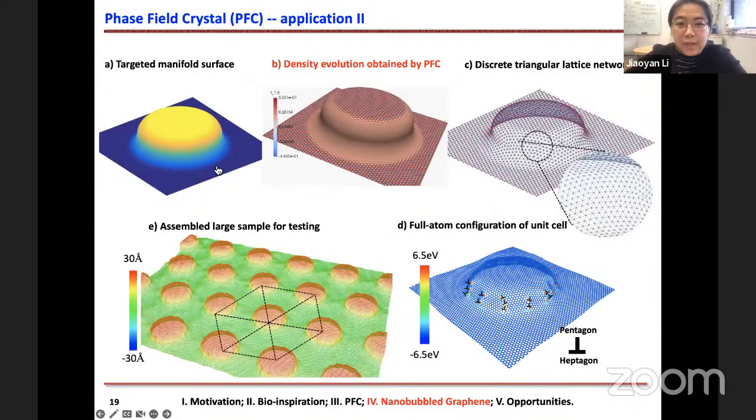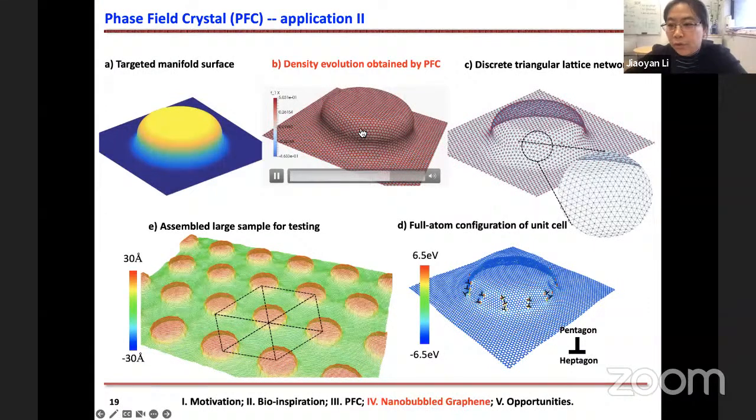We first set up the initial boundary condition just as we did for the previous case, and then we let the phase field crystal model run and tell us the density distribution. From the density distribution we can extract the high density area to serve as the atom location.